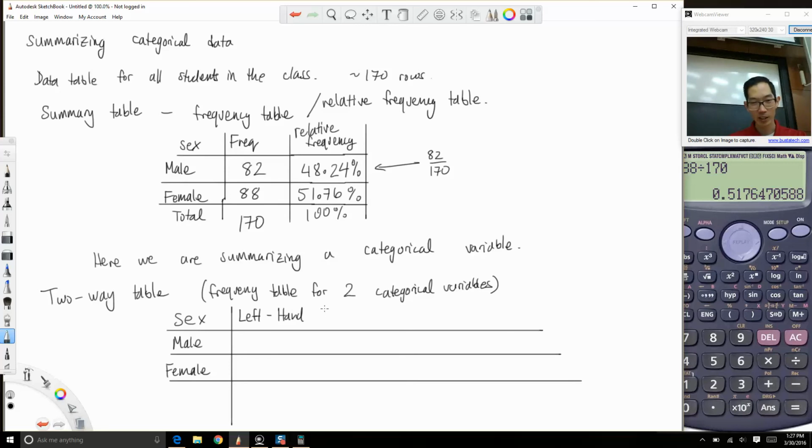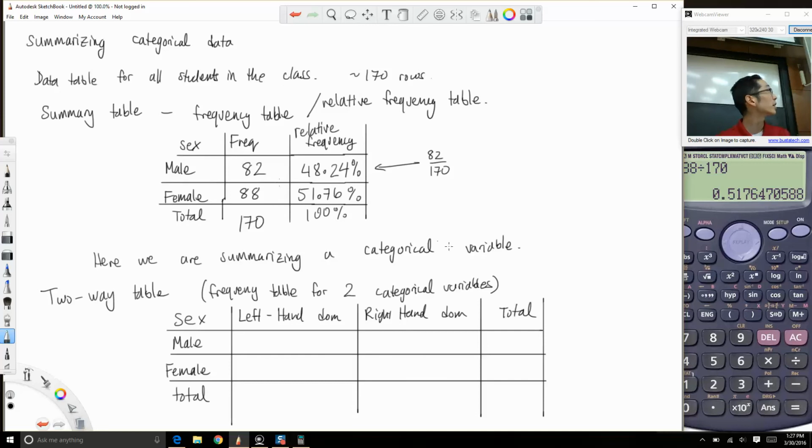Again, we'll have a total row and total column over here. What values can I fill out based on this table over here? The number that goes here for the total number of males will be 82, this number is going to be 88, and this number is 170.